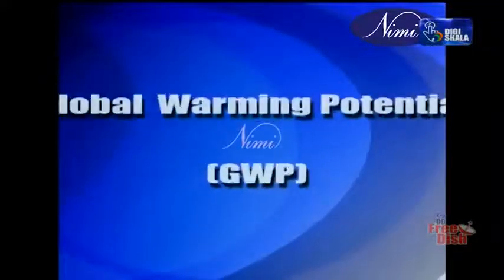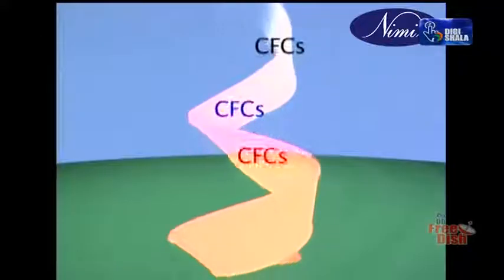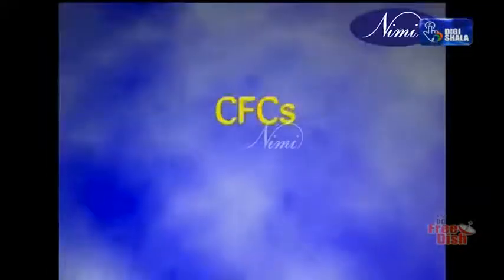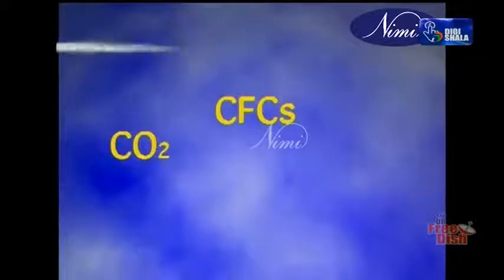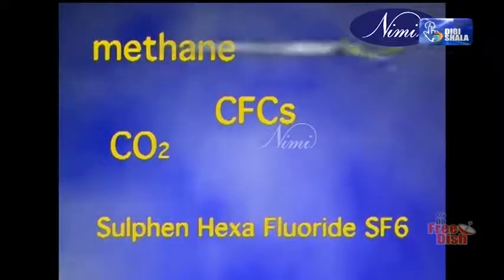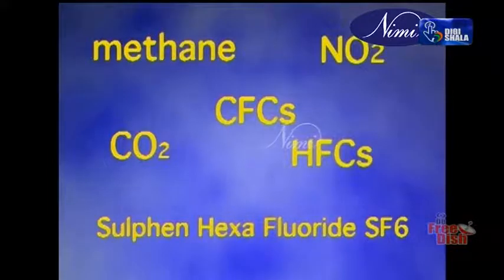Global warming potential. CFCs and, to a lesser degree, HCFCs and HFCs also contribute to global warming. Apart from CFCs, gases like CO2, methane, sulfur hexafluoride (SF6), nitrogen oxide and HFCs have been named as global warming gases.